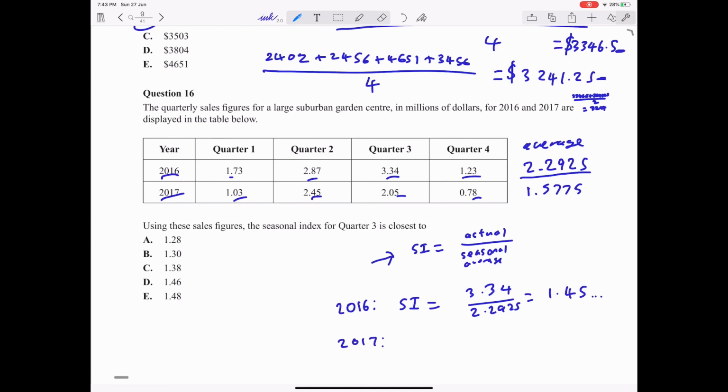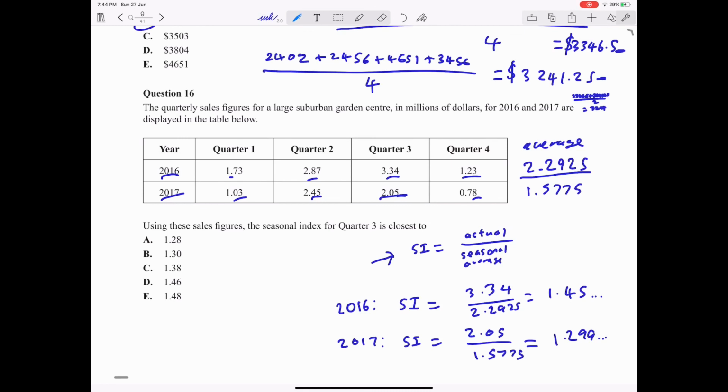And the seasonal index for 2017 uses the same formula. So the actual value for quarter 3 2017 was 2.05 divided by the seasonal average, which was 1.5775. If you do that on your calculator, you'll get 1.299.